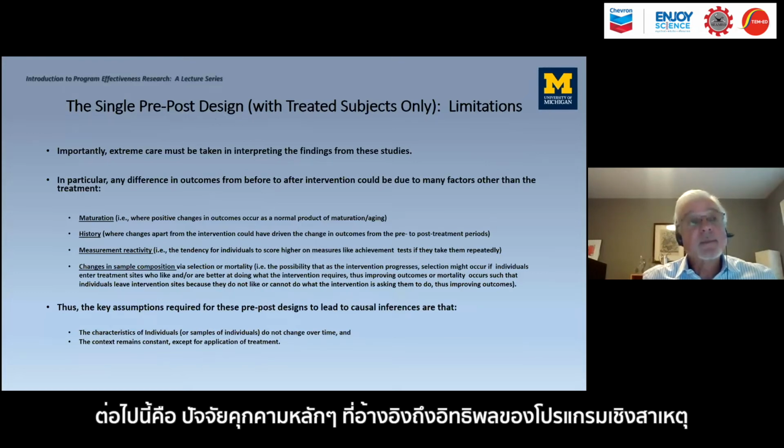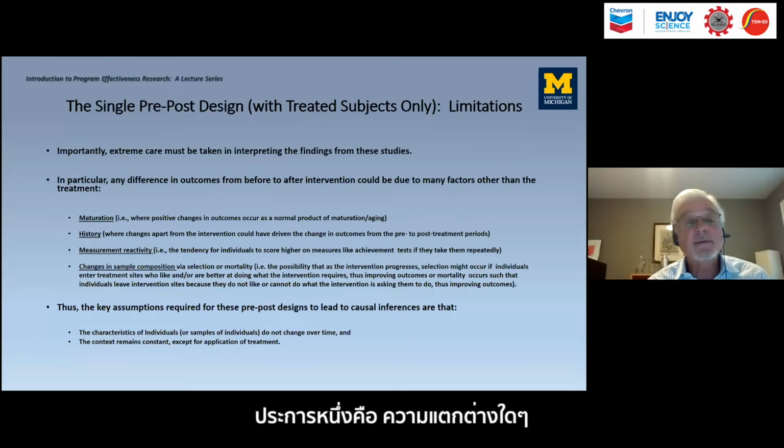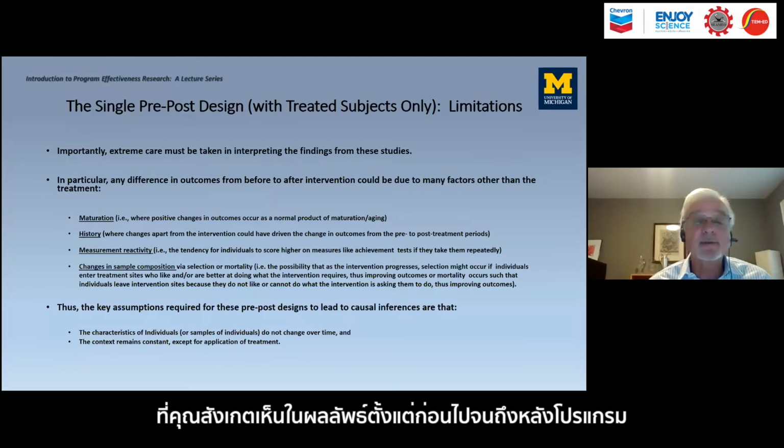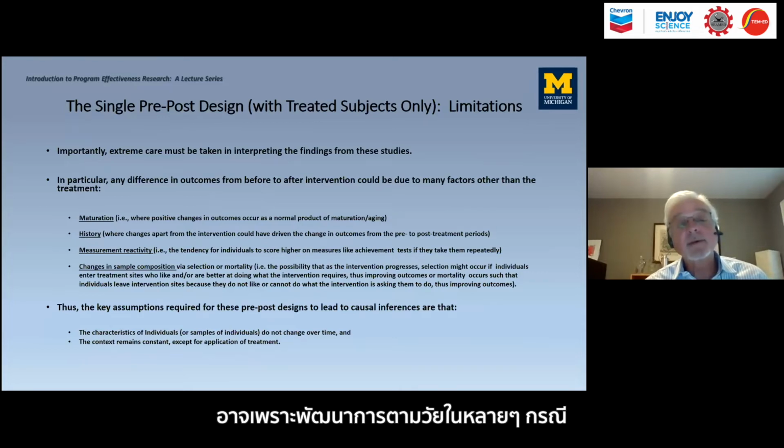So here are the main threats to the inference of a causal program effect on outcomes from such a design. For one, any difference that you observe in outcomes from before to after the intervention could be due to a lot of factors other than application of the treatment. It could be due to maturation.